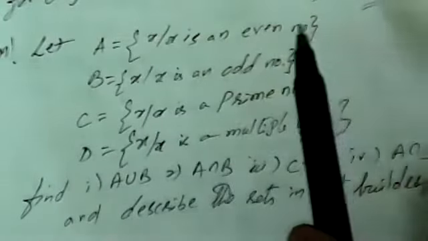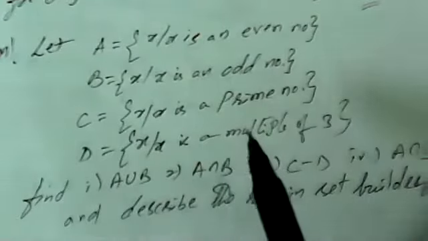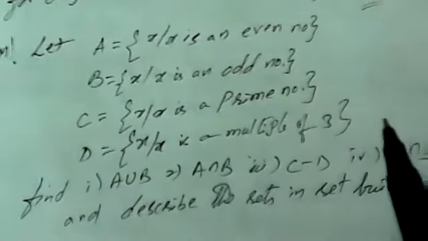This is a 4 mark question. Let A be the set of all elements x such that x is an even number. B is the set of all x such that x is an odd number. C is the set of all x such that x is a prime number. D is the set of all x such that x is a multiple of 3.